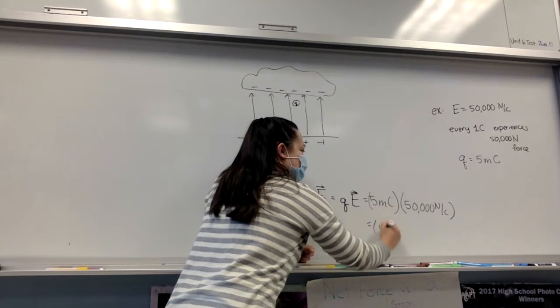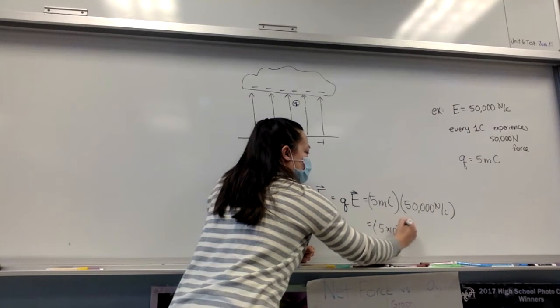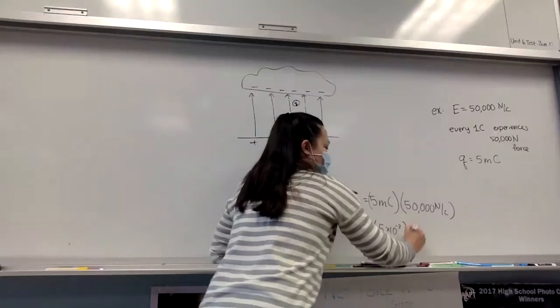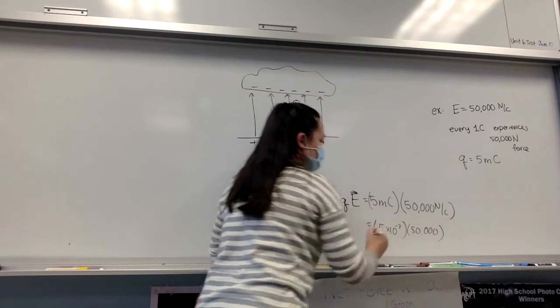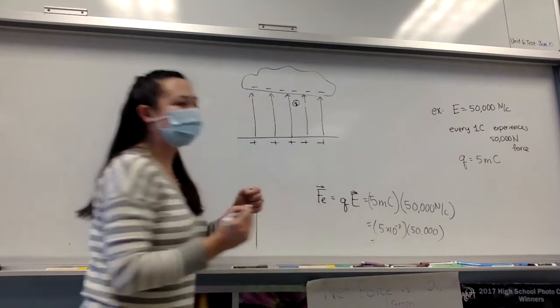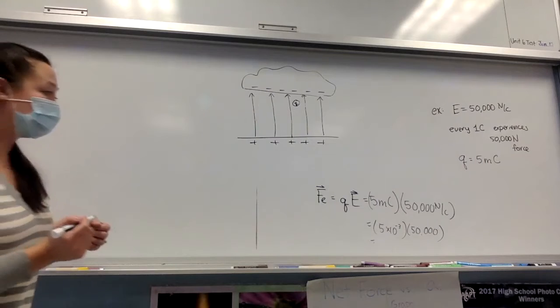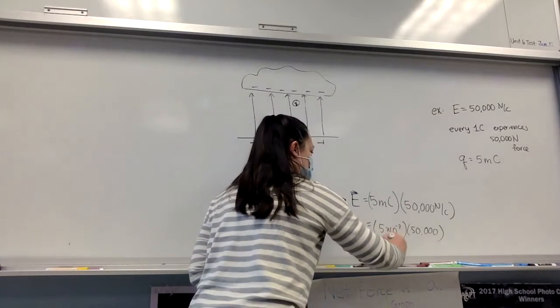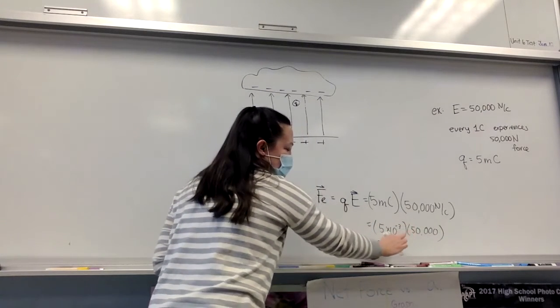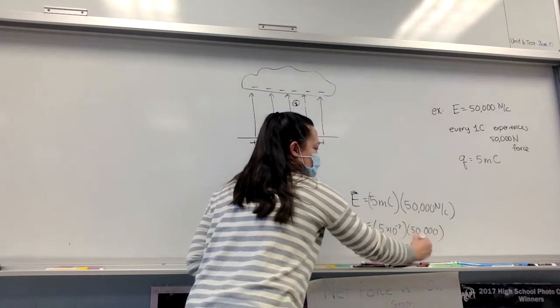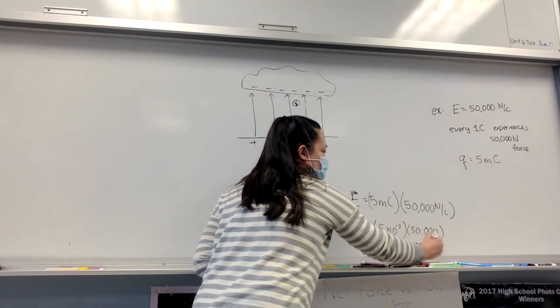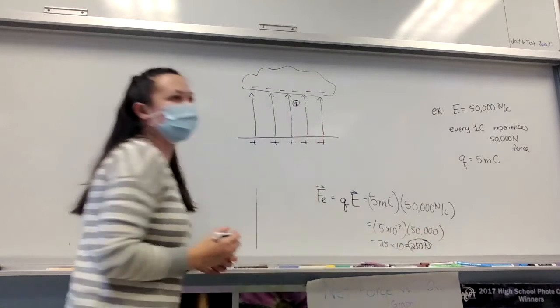Milli is going to be times 10 to the negative 3, times 50,000. And this is something I might be able to do in my head. All right, 5 times 5 is 25. 10 to the negative 3 times 10 to the positive 4 is just times 10. This gives me 250 newtons of force.